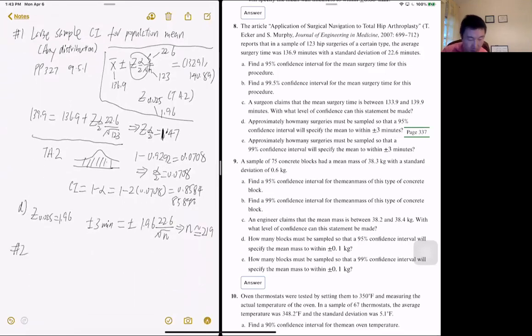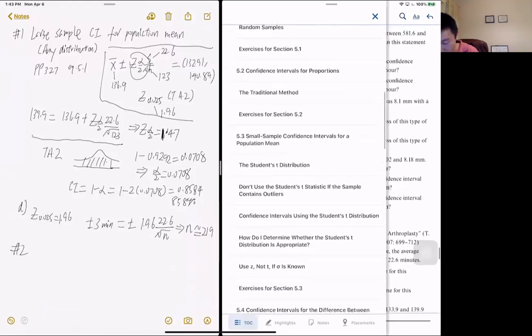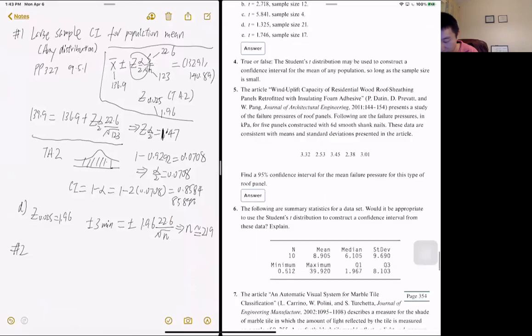Question number 2, let's find out page 354 first. Section 5.3, question number 12.